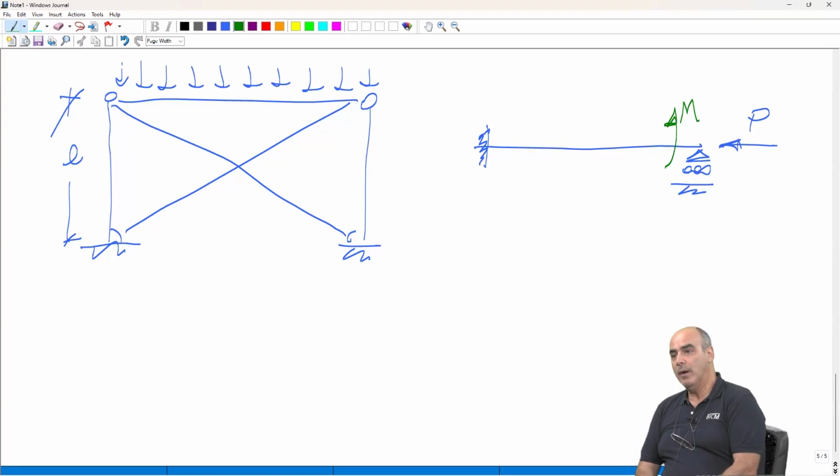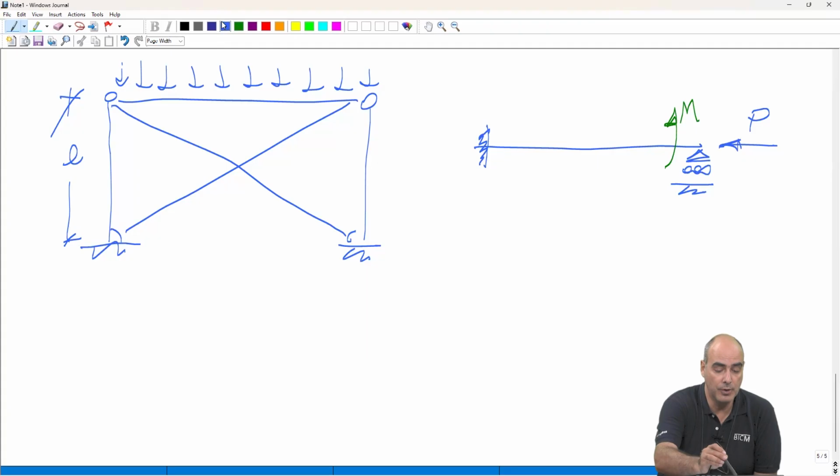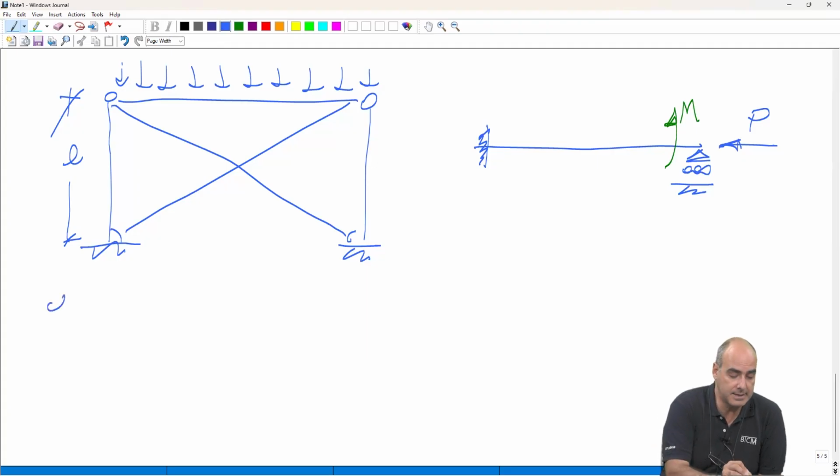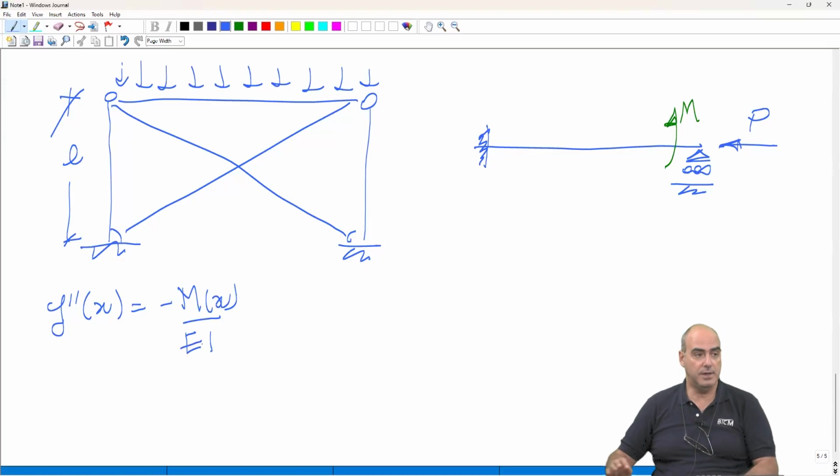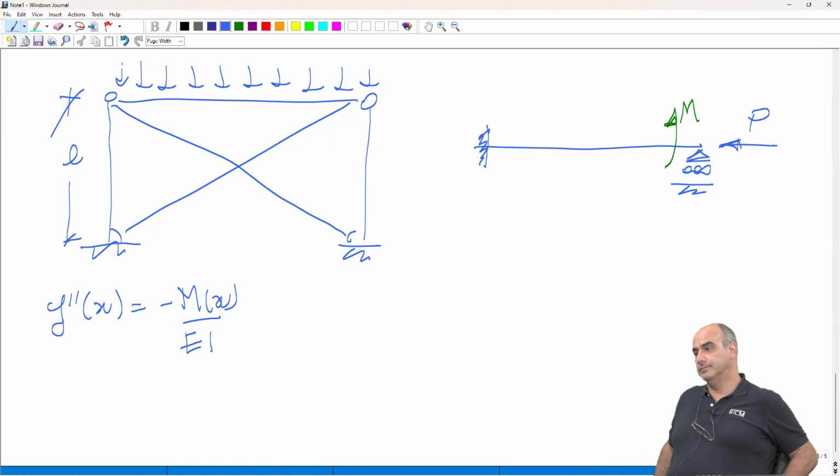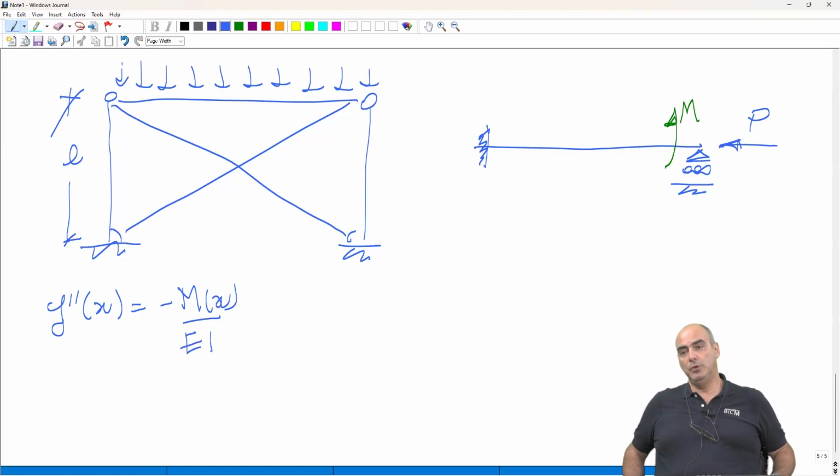Well, now, how would you approach that structure to calculate the critical load? Just to remind you, yesterday we worked with this equation here. What would you do in this case?